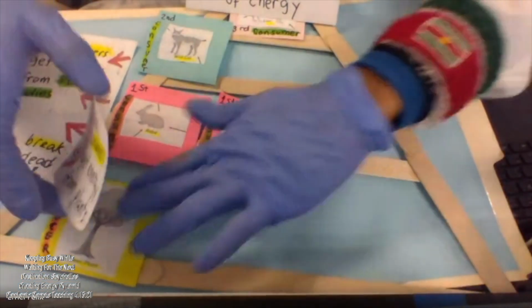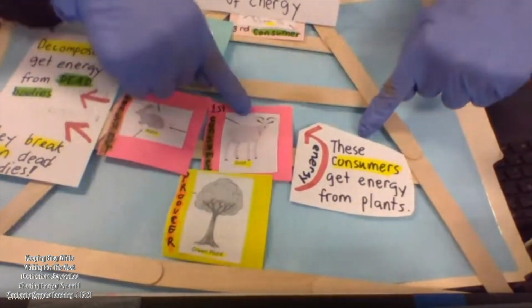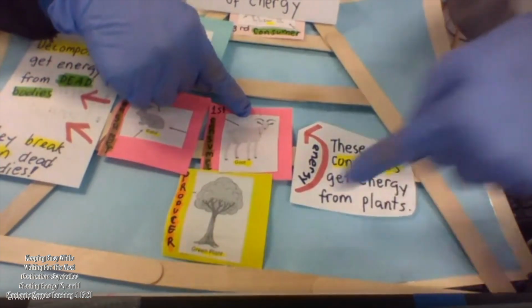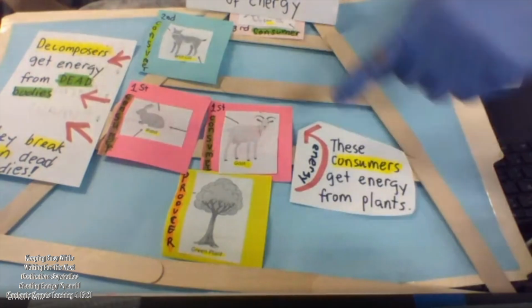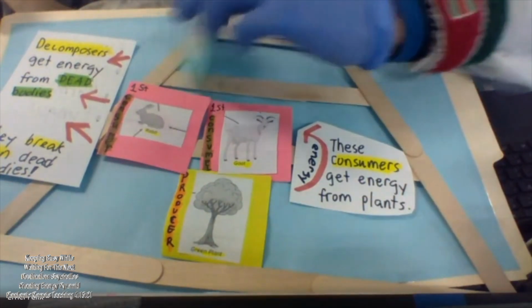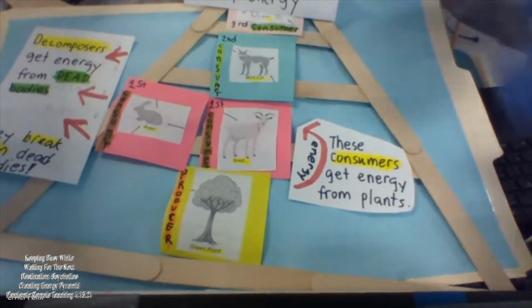Here is the plant. So this consumer gets energy from the plant. Okay, and we have learned that in the past. Similarly, let's see. Could you tell me if I place the next arrow correctly at timestamp 12:30?